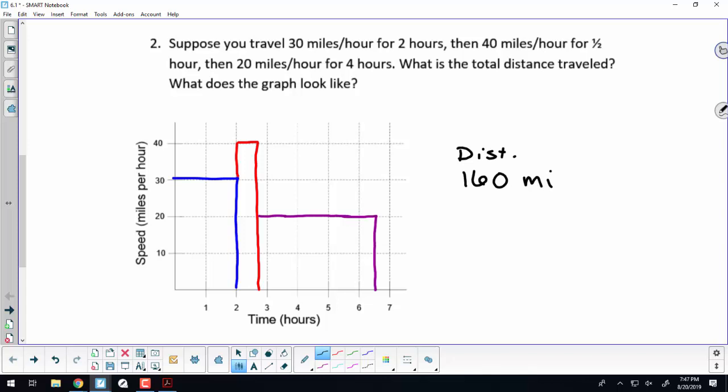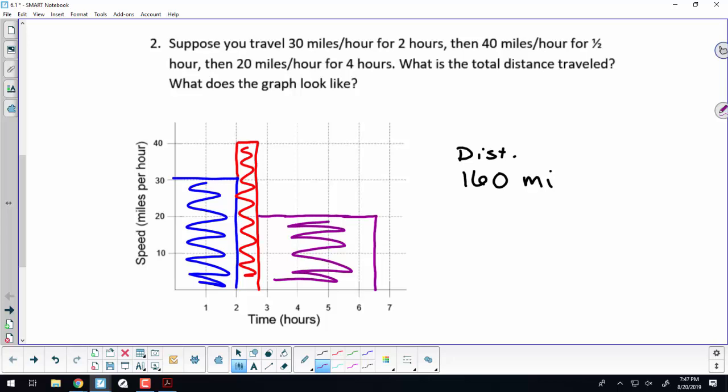And again, if we compute the area of this rectangle plus this rectangle plus this rectangle, that area is also 160.